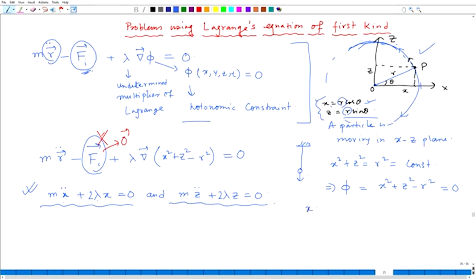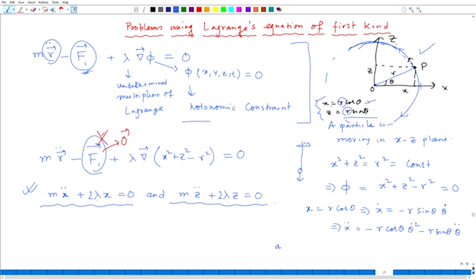So, x is r cos theta, that means x dot is equal to minus r sin theta theta dot, okay, and then x double dot will be equal to minus r cos theta theta dot square, and then there will be minus r sin theta theta double dot. Okay.